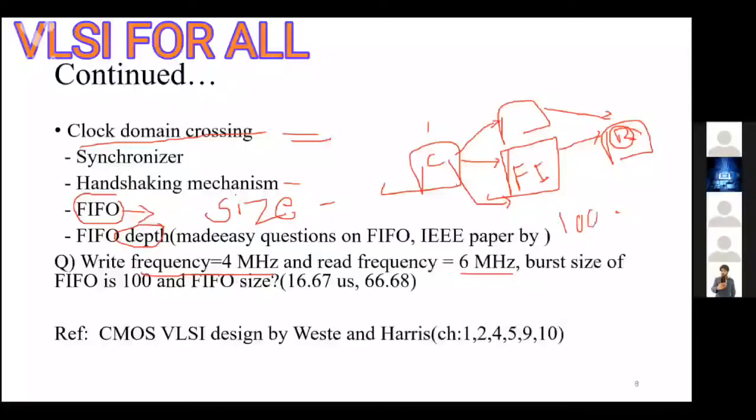At a time 100 data will be coming, then there will be a stop, again some 100 cycles, again a stop, and 100 data. Now for the same question, if the read and write frequencies are swapped, then you can use the formula to find the FIFO size. You can directly use it.